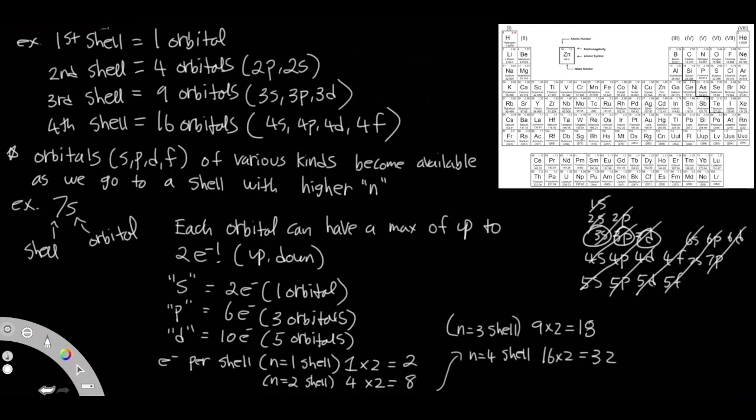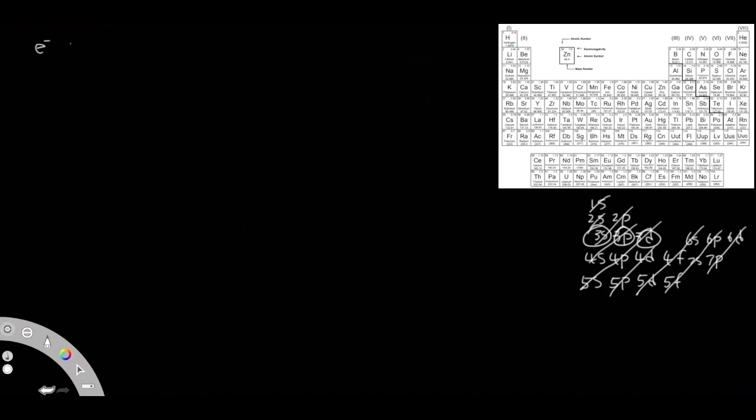Let's try another example. The total number of electrons in a shell, like I've said already, does not equal the number of valence electrons for an element. If I were to get an example here, and let's say we have n is equal to 3.